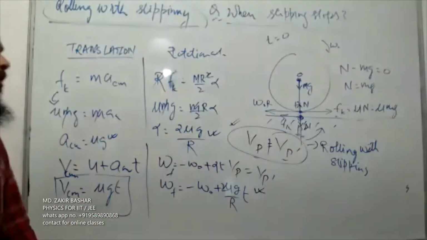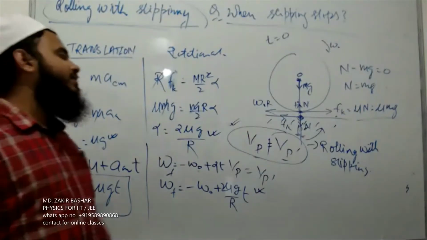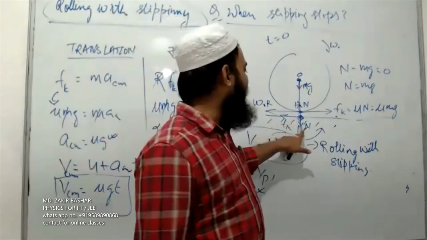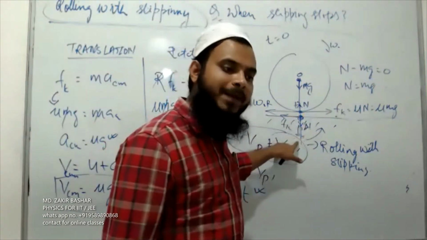So we're not taking the final velocity as 0. Is our goal the final velocity of the disk being 0? No, my goal is not that the final velocity is 0. My goal is that the velocity of the point P will be equal to the velocity of the point P dash, and the velocity of the point P dash is 0.